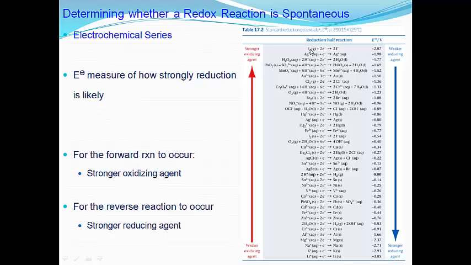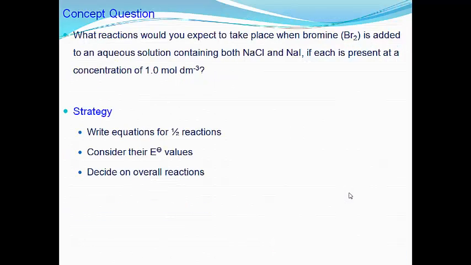Or if we were to react zinc with magnesium 2 plus, would we have a reaction occurring? These reduction potentials essentially help us to determine, with respect to each other, if we are likely to have reduction or oxidation occurring. And we're going to explore one of those questions right now.